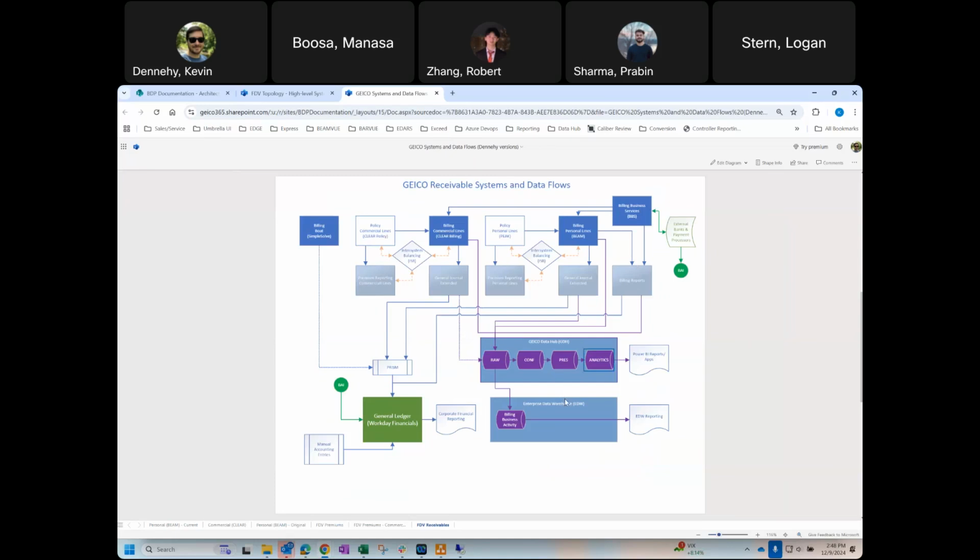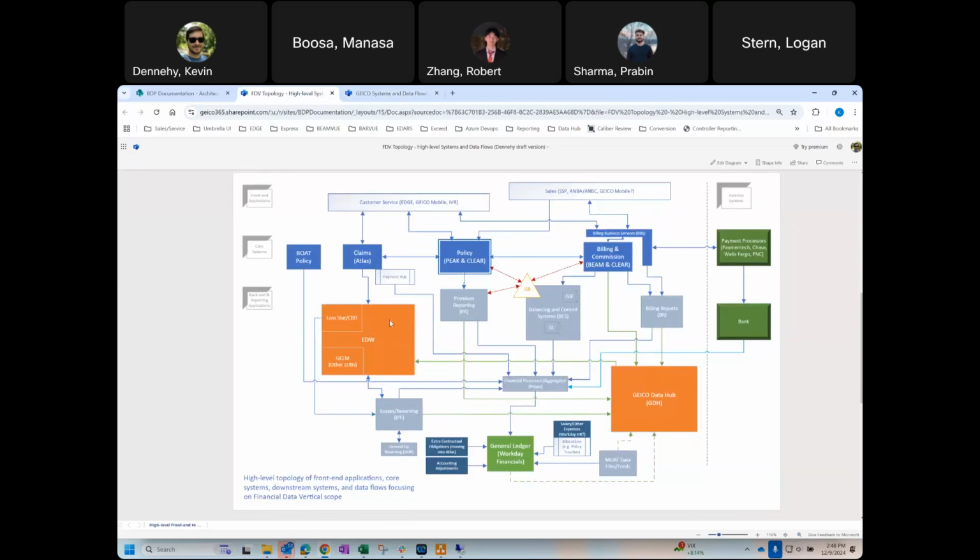No, I think I can probably touch on that because I did want to explain a little bit about why this box is down here. One of the reasons that I mentioned in this diagram, EDW existed way before Data Hub, and this used to be the endpoint for a lot of data from these different applications. And then when Data Hub came along, it was intended to eventually retire EDW and migrate us to this new platform and redo some of the ways that we bring data into our warehouses and do analytics on it.